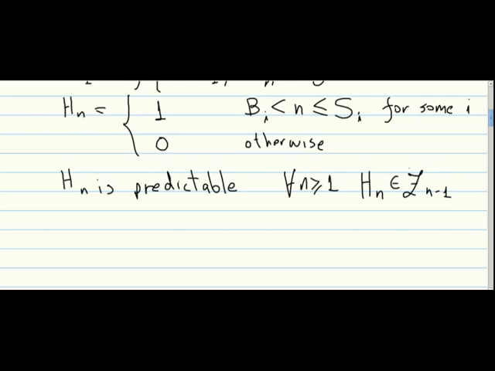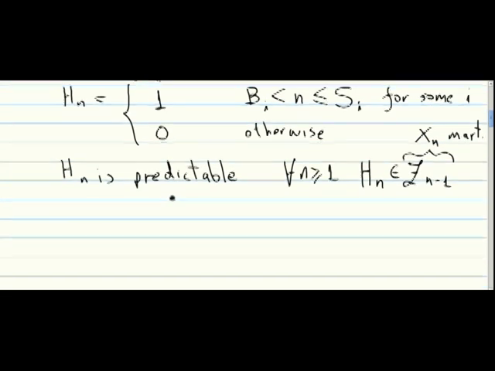So remember that Fn is something that we didn't mention yet, but it always has to be there just for the definition of a martingale. When we said that Xn is a martingale, we have already a filtration, Fn, and it's adapted to Fn, but Hn is more than adapted. It's actually predictable. So how do we show that it's predictable?